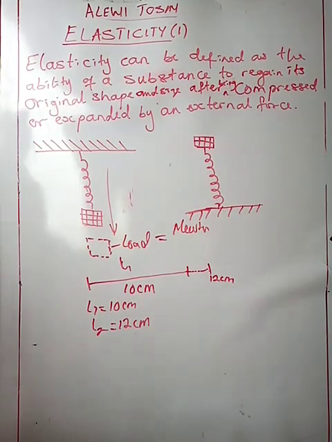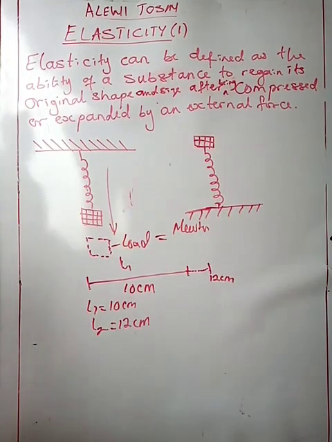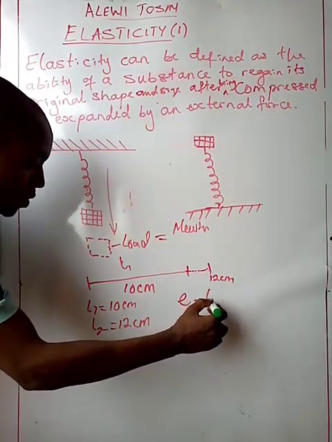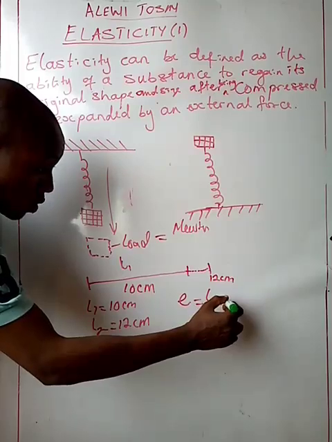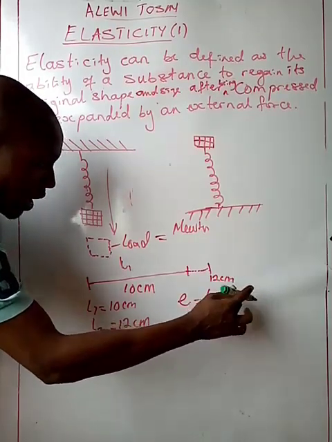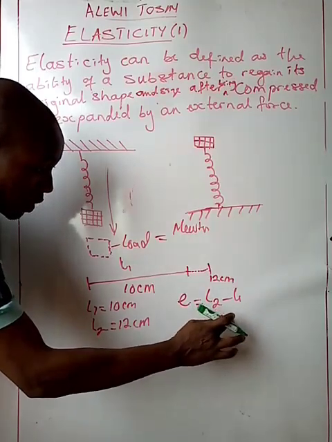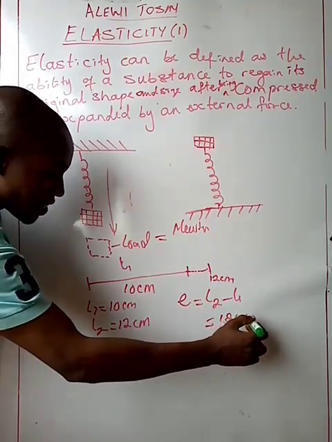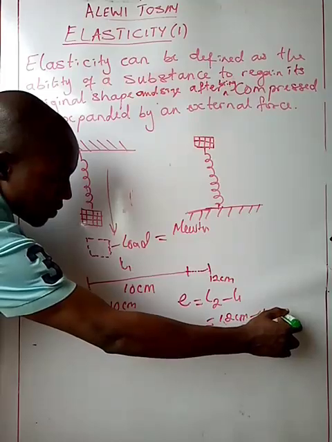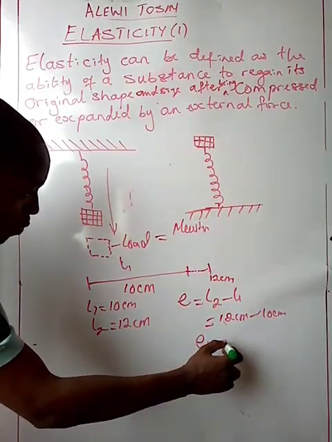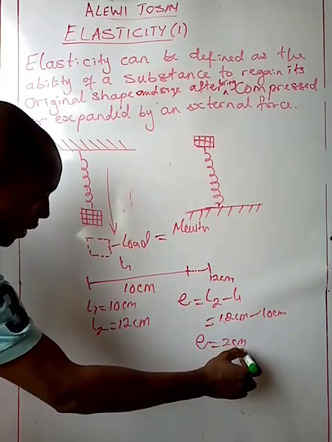Extension is the difference between the new length and the original length after force has acted upon it. So our extension E will be the new length minus the original length. For this case, our extension will be 12 centimeter minus 10 centimeter, which means that our extension E will be 2 centimeter.